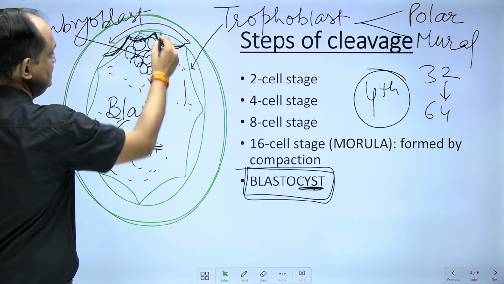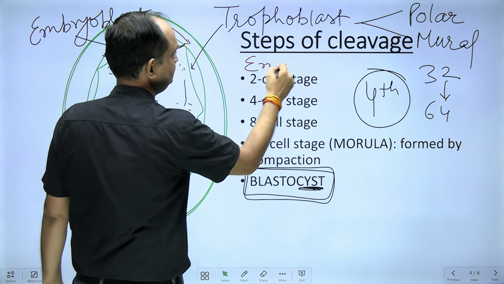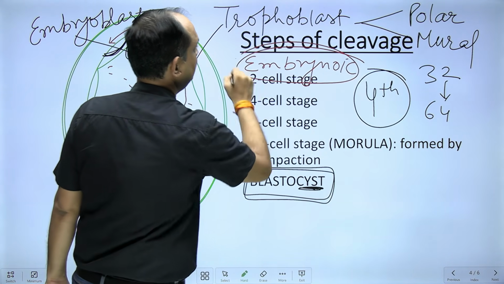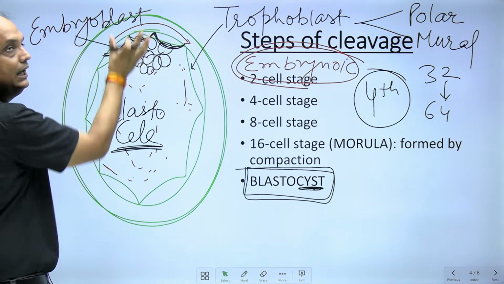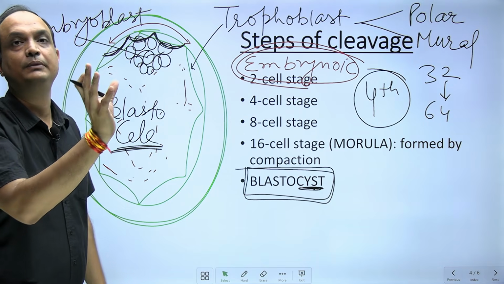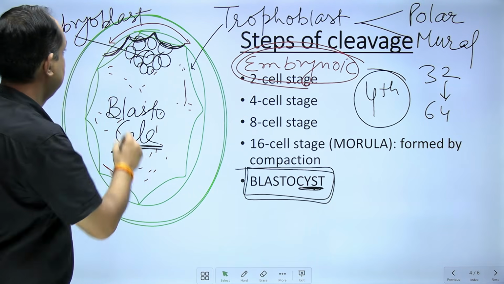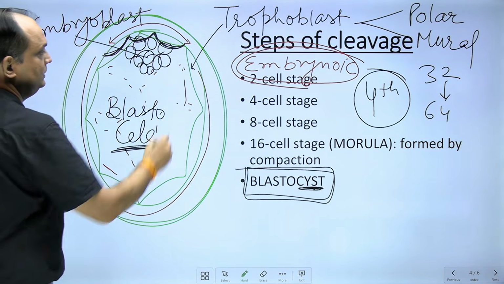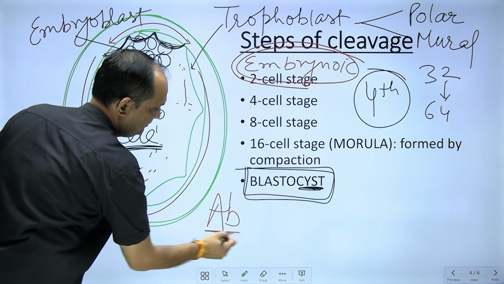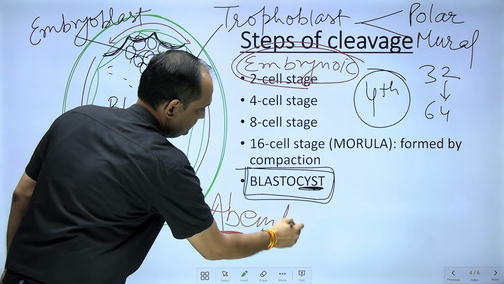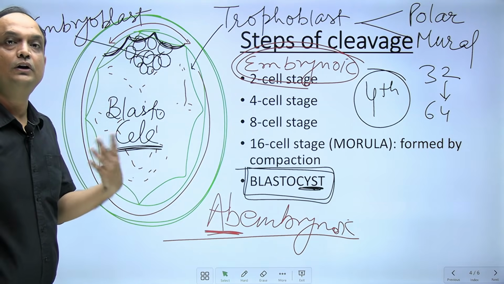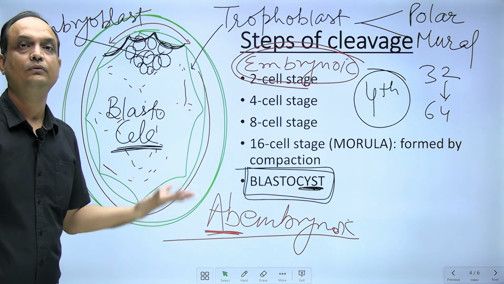This embryonic pole is the area from where the embryo is going to implant first with the maternal endometrium. This remaining part is known as abembryonic pole.